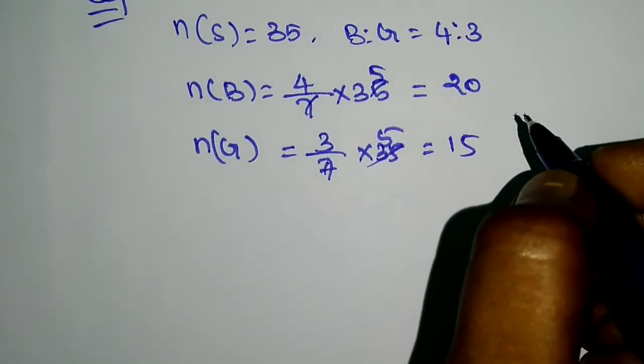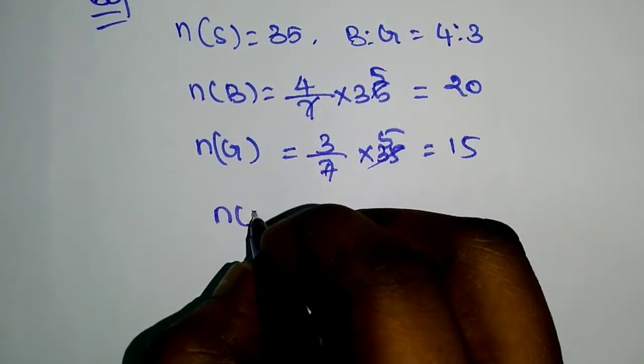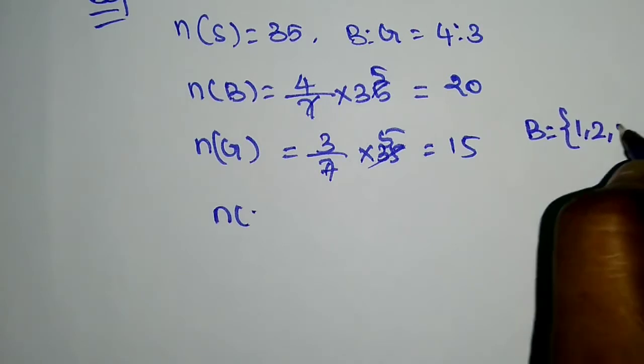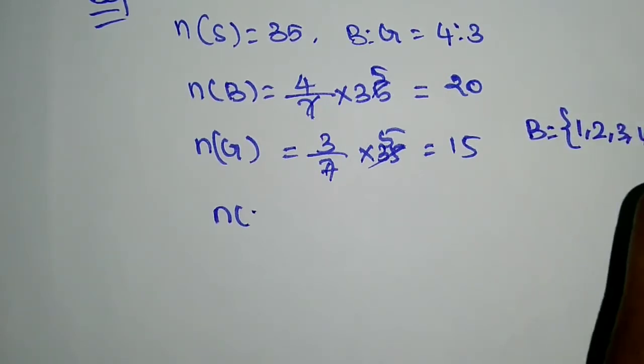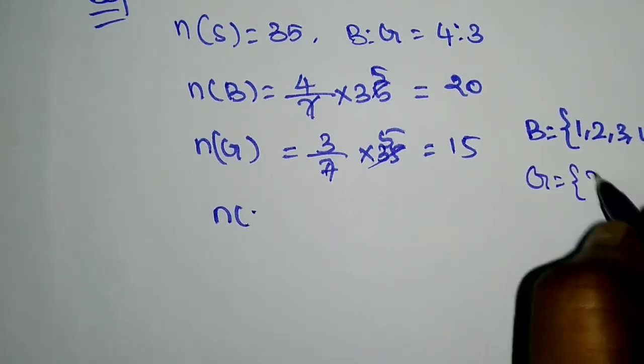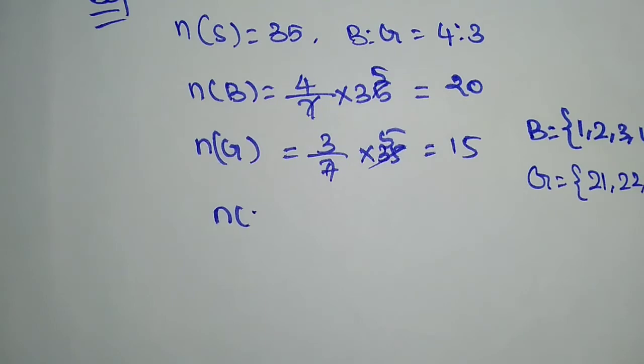Now B is equal to 1, 2, 3, 4 up to 20, and G is equal to 21, 22, 23 up to 35.